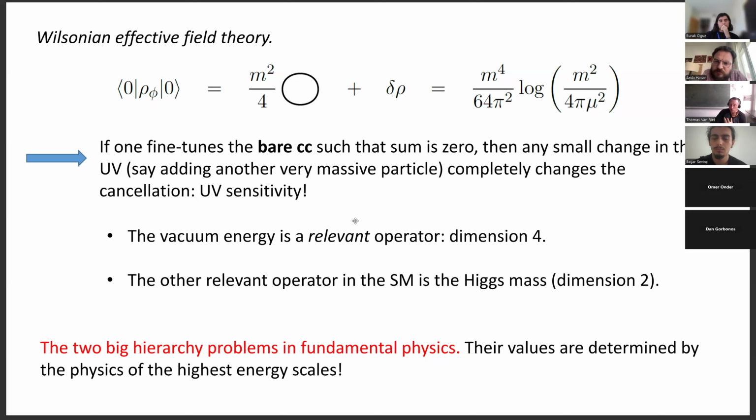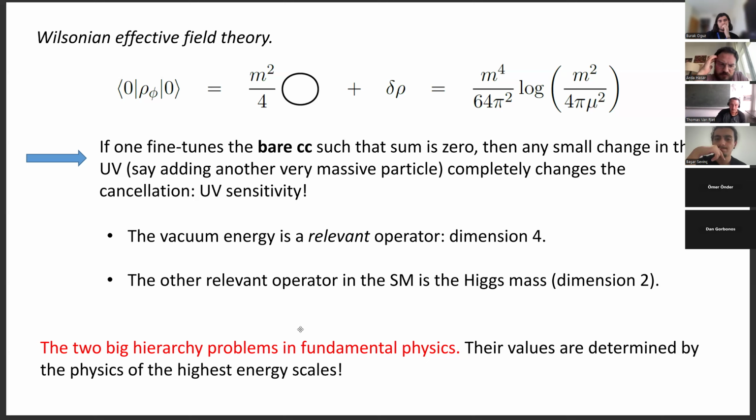And in the language of effective field theory, it has to do with the fact that vacuum energy is a relevant operator of dimension 4. The other relevant operator in the standard model is the Higgs mass. It has dimension 2. And not surprisingly, the two relevant operators are the two that come with what we call naturalness problems, right? So for vacuum energy, we call this the cosmic hierarchy problem, and for the Higgs mass, we call this the weak hierarchy problem.